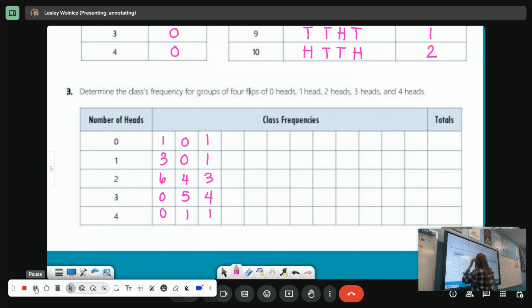Next. 0, 2, 5, 3, 0. Ooh, that was very symmetric. Good job. Next. 0, 3, 3, 4, 0. That was pretty symmetric too.